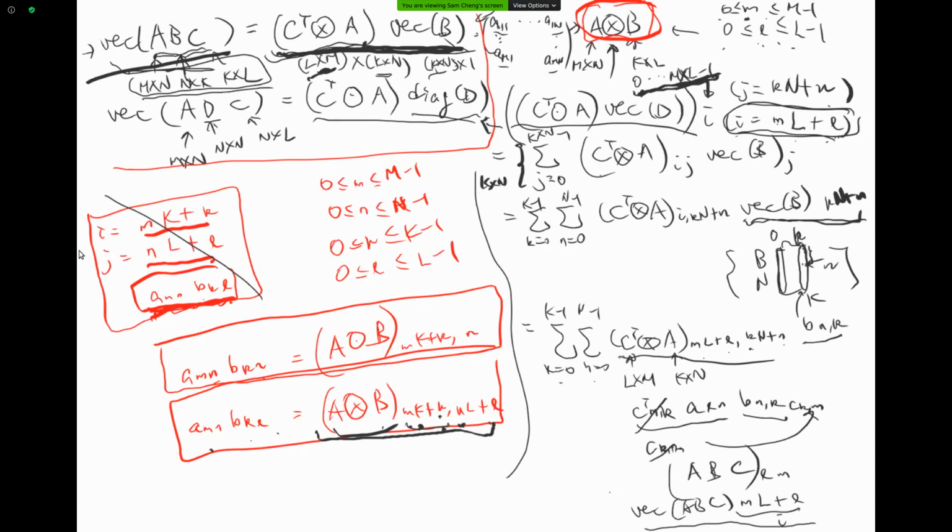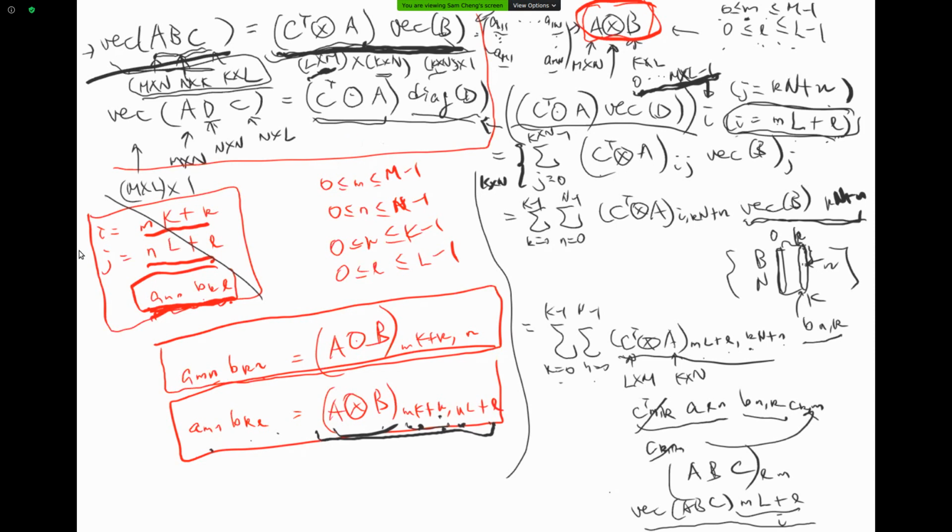Maybe even before that I should check the dimension is correct. So A times D times C, the dimension is m times l here, so therefore this column vector should be m times l times 1. For C transpose times A, I need to be careful because I cannot copy from above.